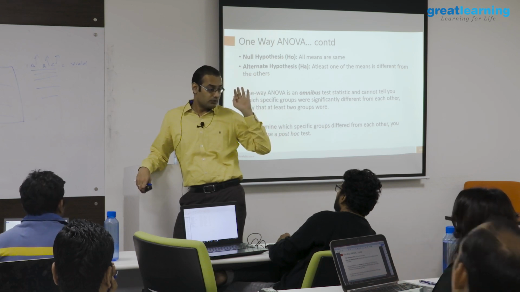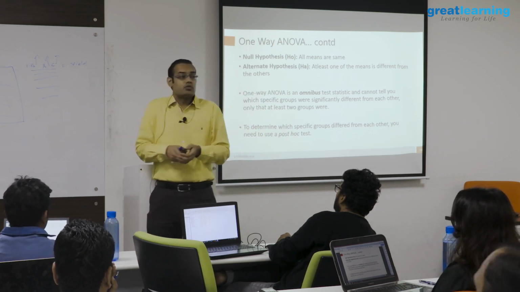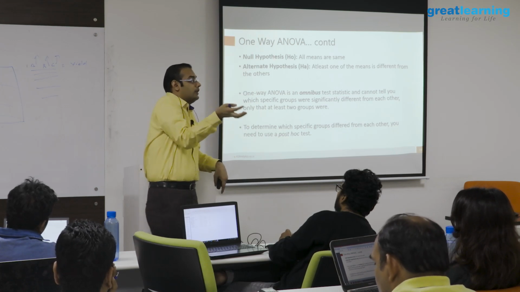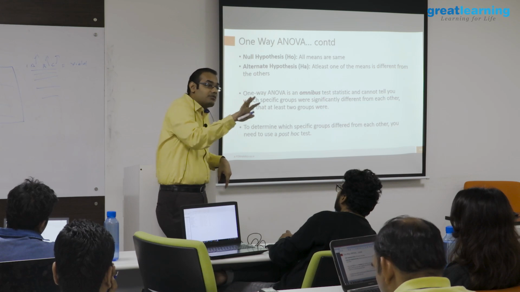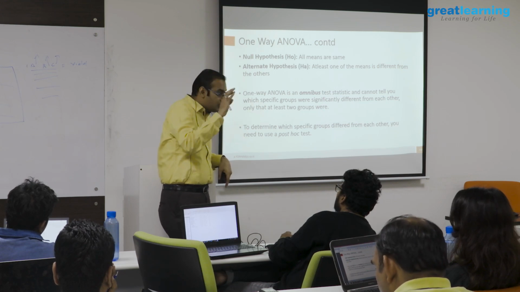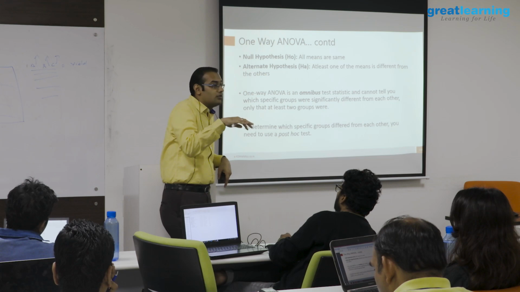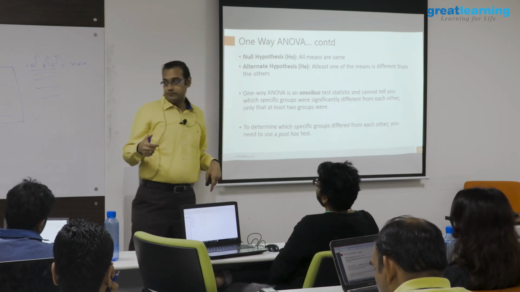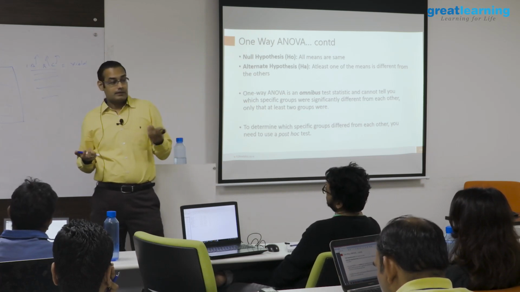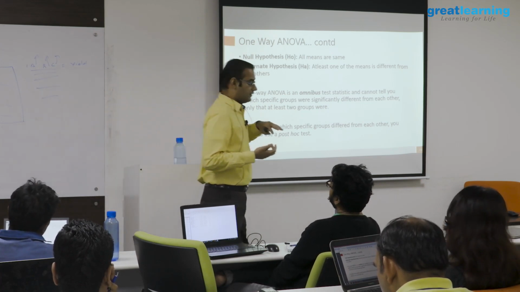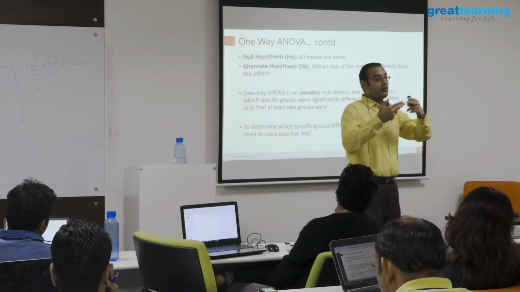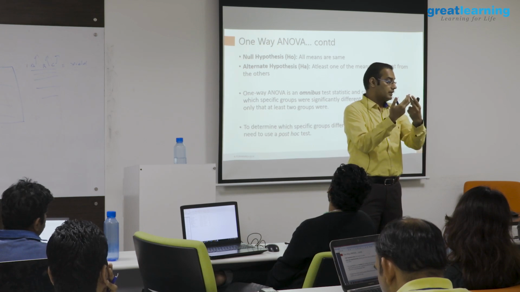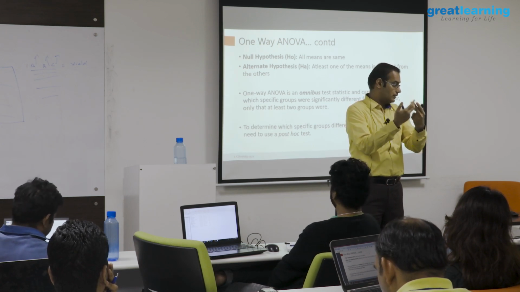Because at the end of the day, when you run this, it is going to throw a p-value, and that p-value interpretation is at least one of the means is not same. Which one is higher, which one is lower, you compute the mean and get that outcome. Or there is a test which you can run to find, between pairs, which of the means are significantly different.